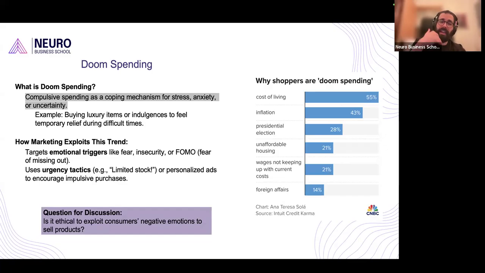So yes, even in crisis moments, you can find a way to be a good option for the potential audience, and they can perceive you even better than before. So yeah. Okay, thank you.